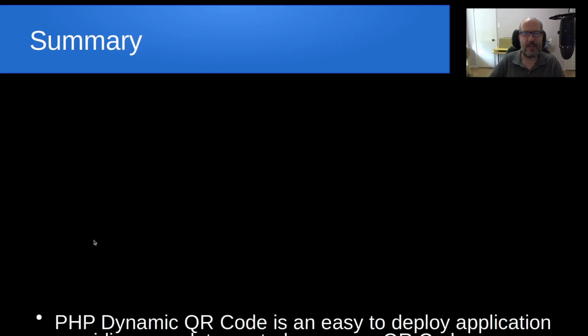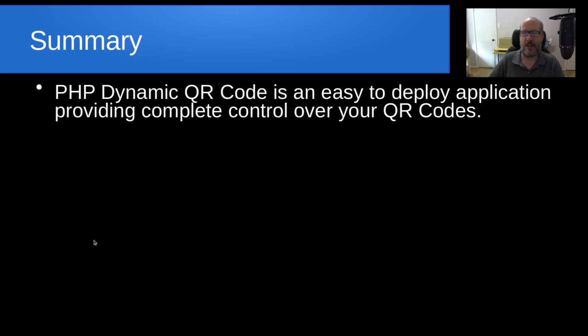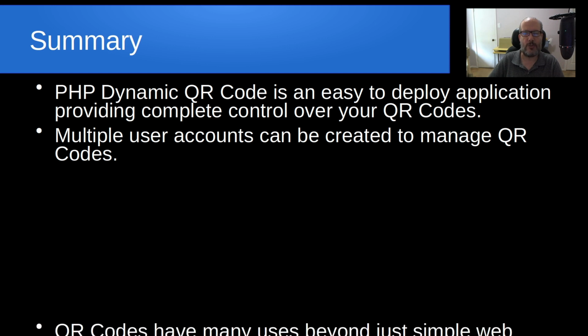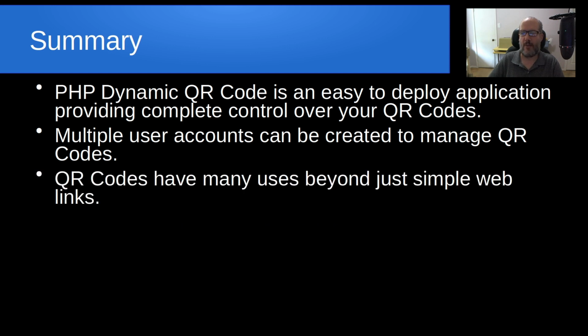So in summary, PHP Dynamic QR Code is an easy to deploy application providing complete control over your QR code creation and management. Multiple user accounts can be created to manage your QR codes, and QR codes have many uses beyond just simple links to websites.